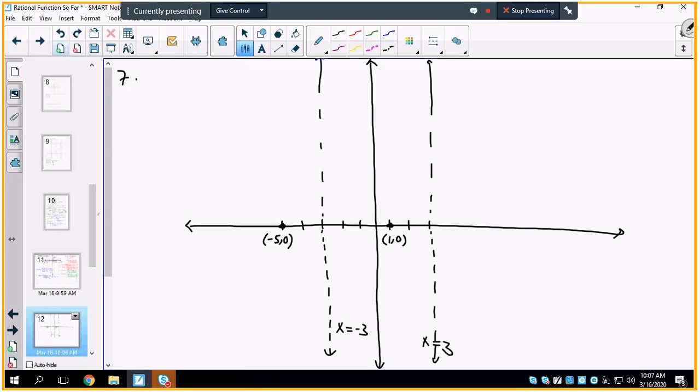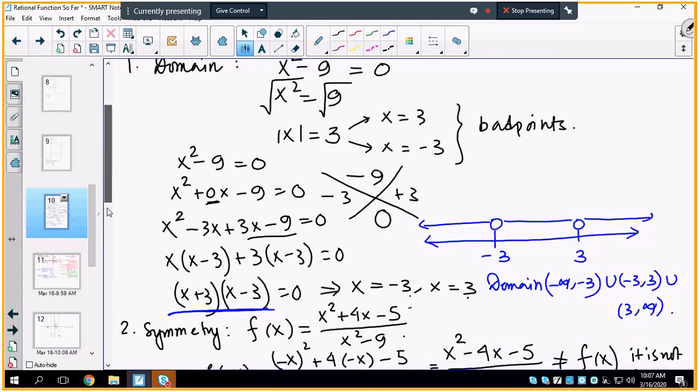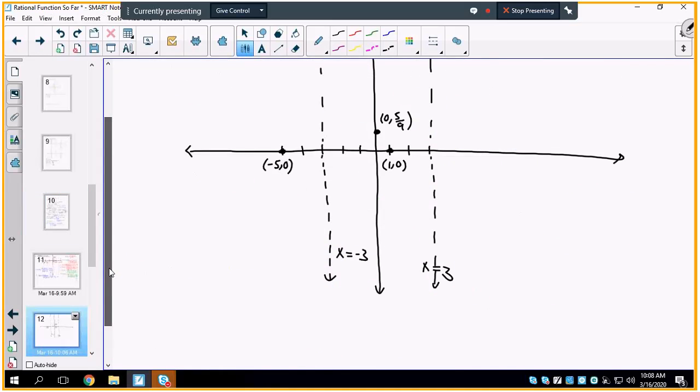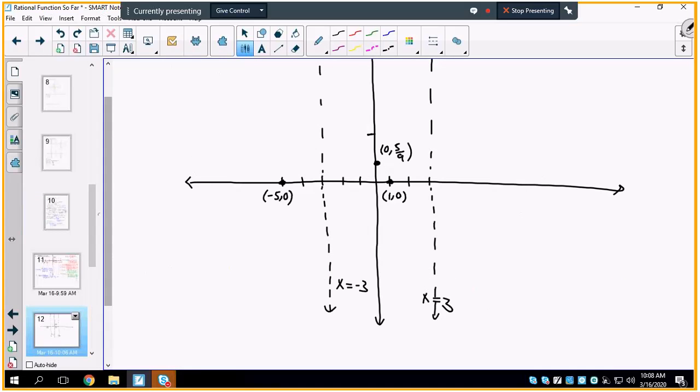And then I have y-intercept at (0, 5/9). And I have at y equal to 1, the horizontal asymptote. If you recall, we found out the horizontal asymptote is at y equal to 1. We need that information too now. So this is say 1, and I do a dotted line there to understand the horizontal asymptote.